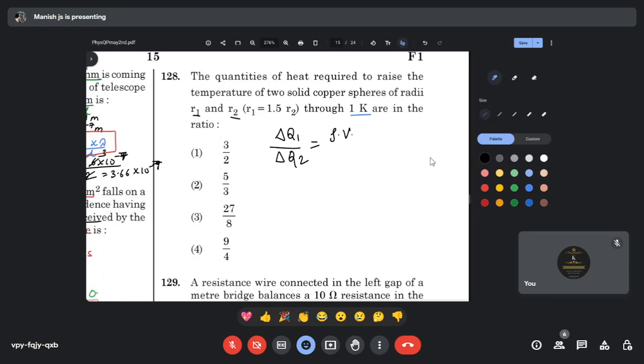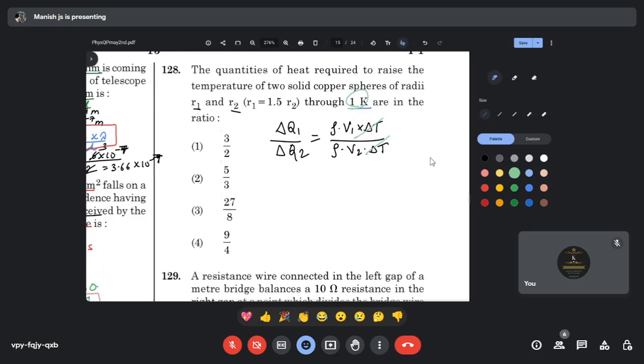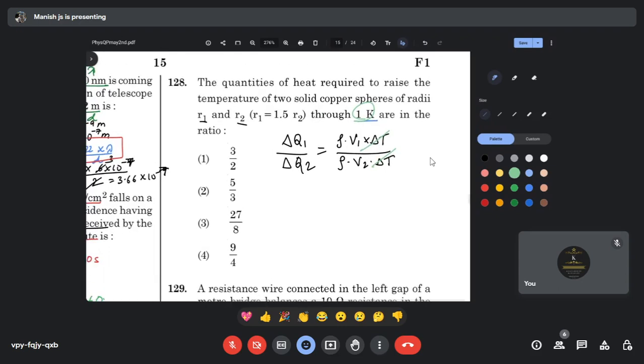So rho into V1 into delta T, that is the change in temperature. Same way for the second one, rho into V2 into delta T. Now delta T is 1 Kelvin, so we can just cancel them out, and the density also cancels out, same material.